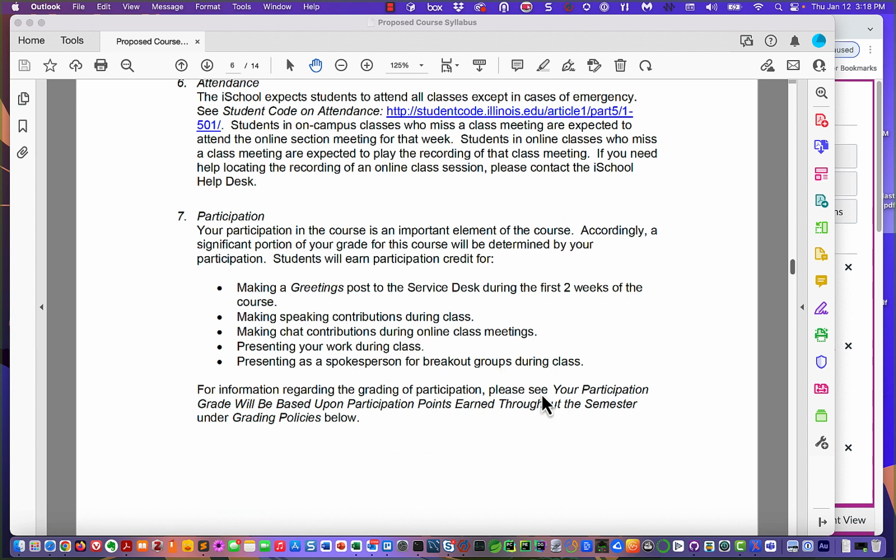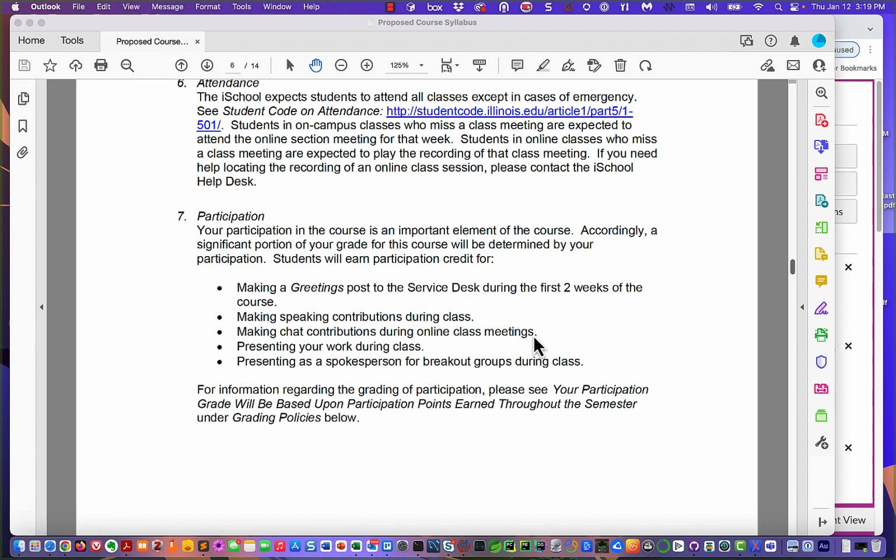Participation. You earn points for participation. You earn them for making your greetings post during the first 2 weeks of the course, and for making a speaking contribution during a class. If you're in an online class and you type in some chat, you get some credit for that. If you present your work, which is usually your solution to a coding assignment, then you get credit.